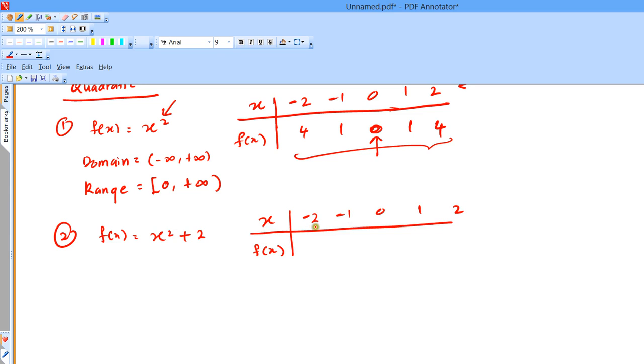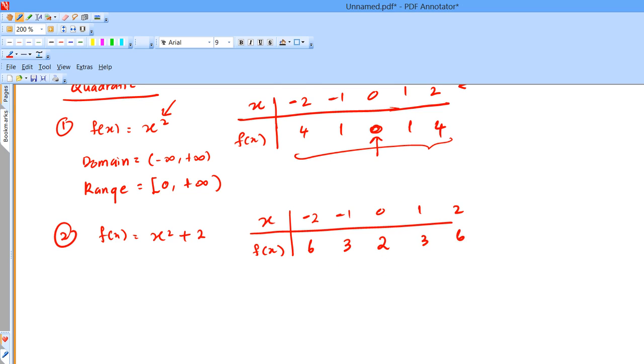If we put negative 2, we get 4 plus 2, 6, and then 1 plus 2, 3, and if we substitute x equal to 0, we get 2, then 3, and 6.